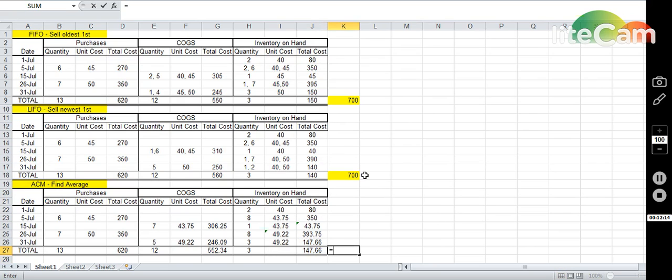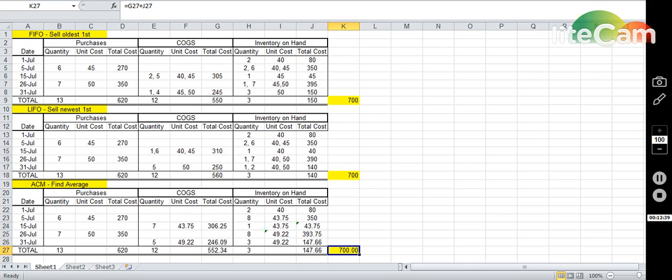Alright, let's just see how this worked out for us. So if I were to take this plus this, okay, we've got 700. The reason why I was able to get exactly 700 is because my Excel is carrying out all the decimals for me. If I were to do this by hand without computer software or accounting software, it would be off a little bit.